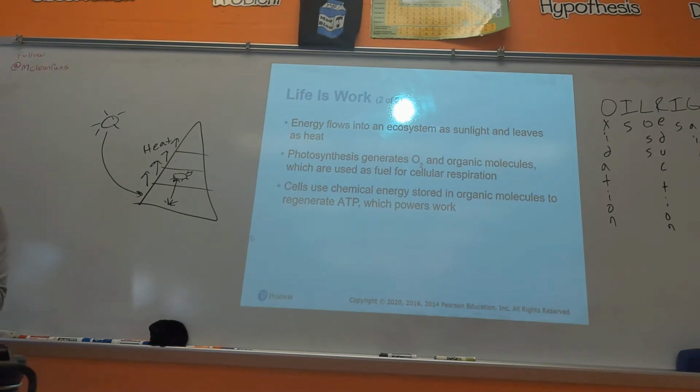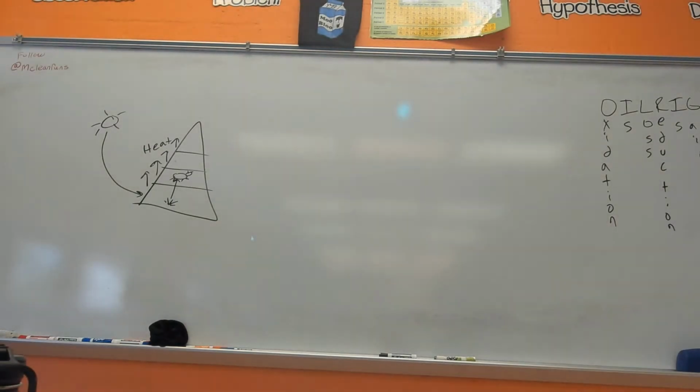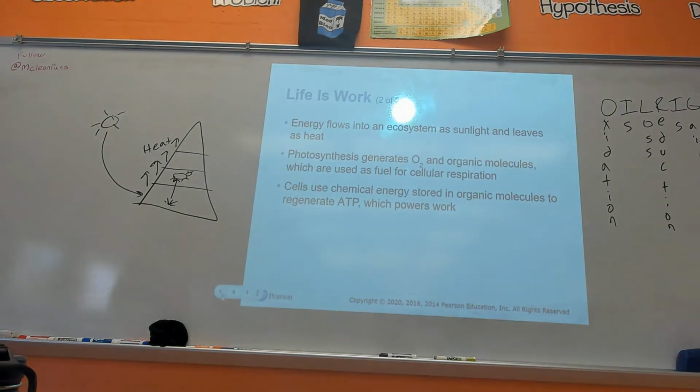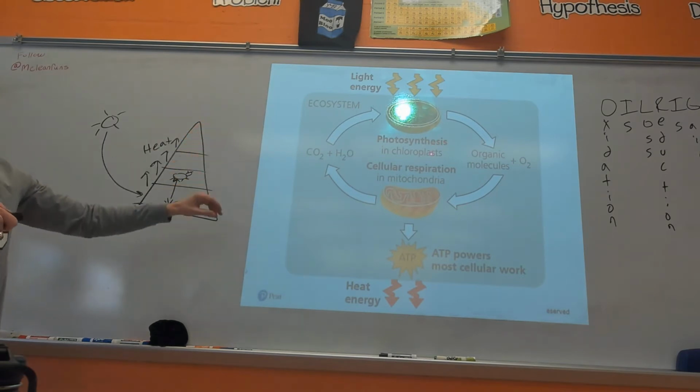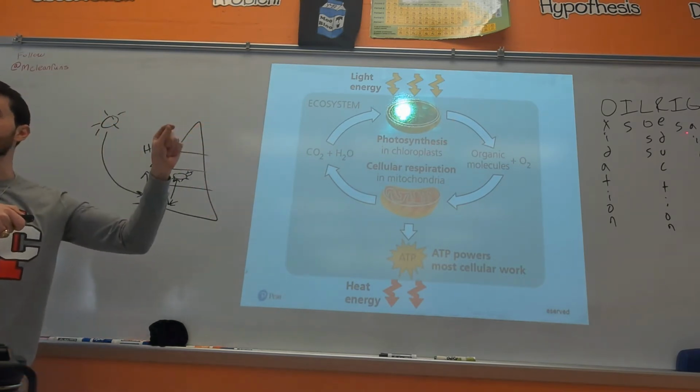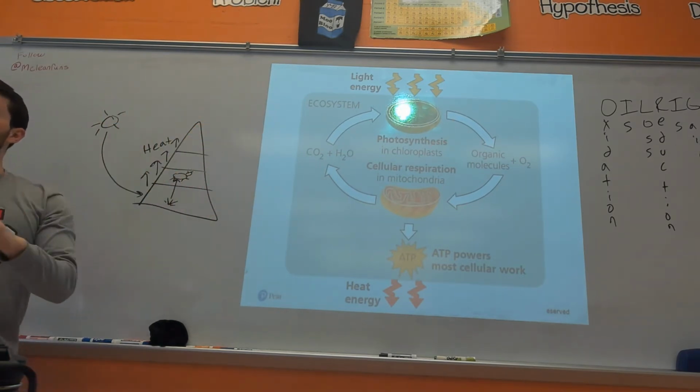Yeah, so anyways, and then if I jump to the next slide. That second bullet point is talking about this cycle: in photosynthesis, the products of photosynthesis are the reactants of cellular respiration.